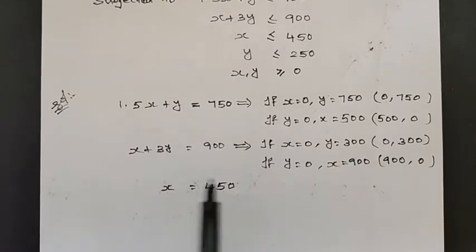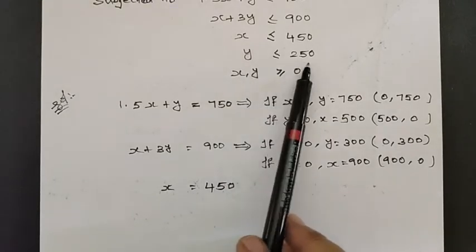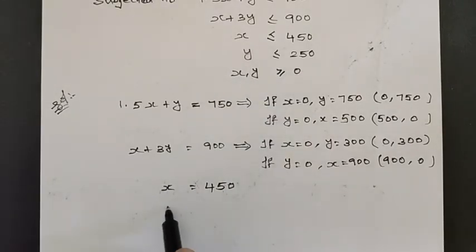Next, the fourth constraint is y less than or equal to 250. Converting into equality, y is equal to 250. This means for any value of x, the value of y is constant at 250.